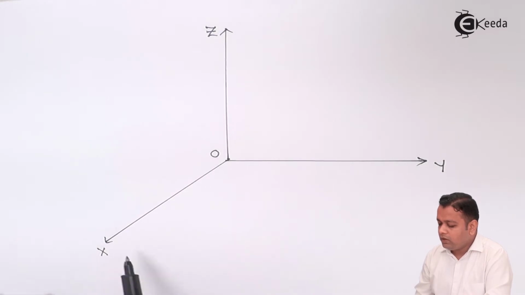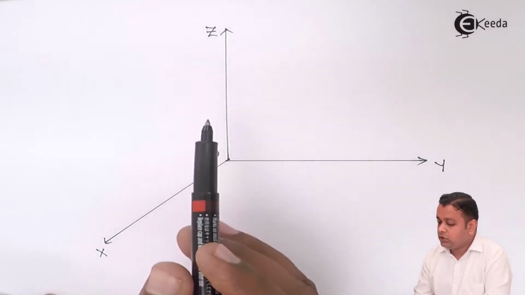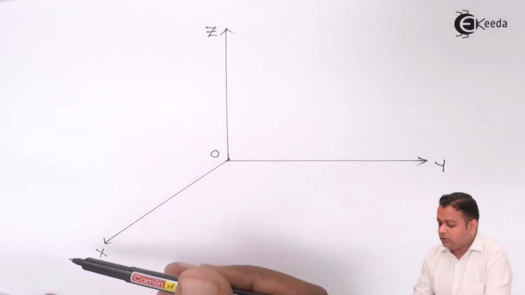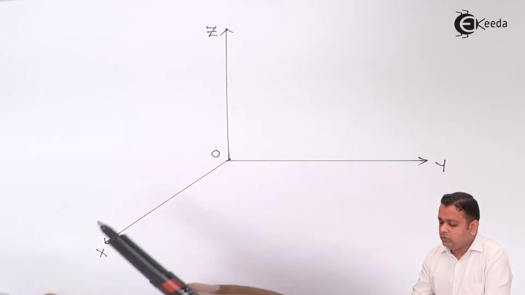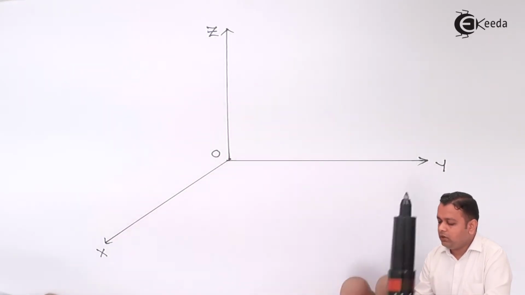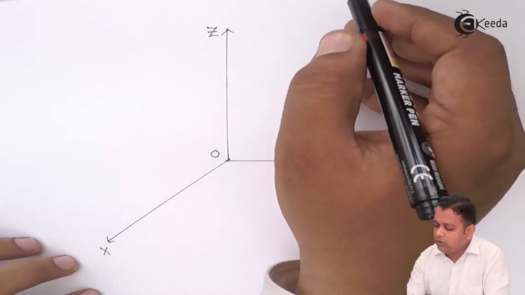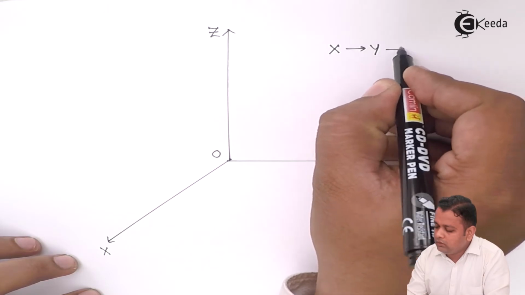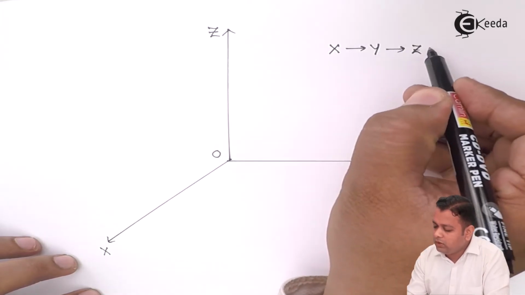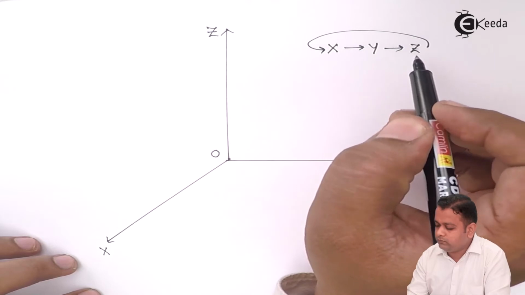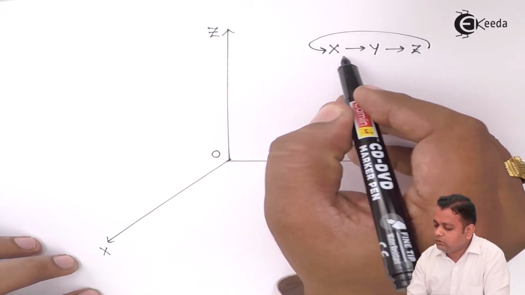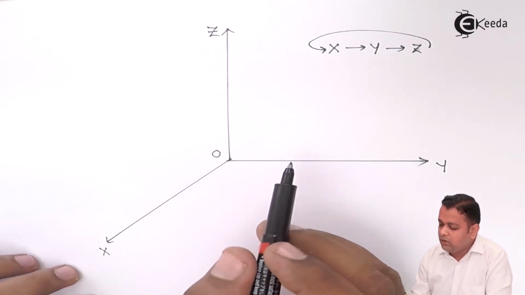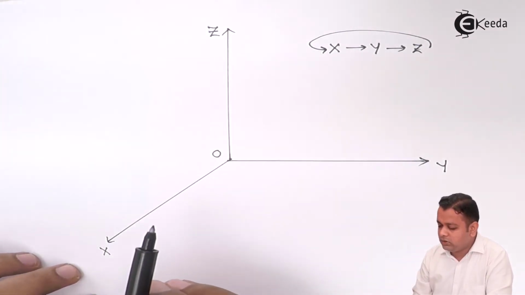If we go from x to y, we get z, so it should be positive. If we go from y to z, we get x, so x should also be positive, or z to x, it should be y. So the representation can be like this: x to y gives z, y to z gives x, and z to x gives us y. So these are perpendicular to each other. This is called the right-handed coordinate system.